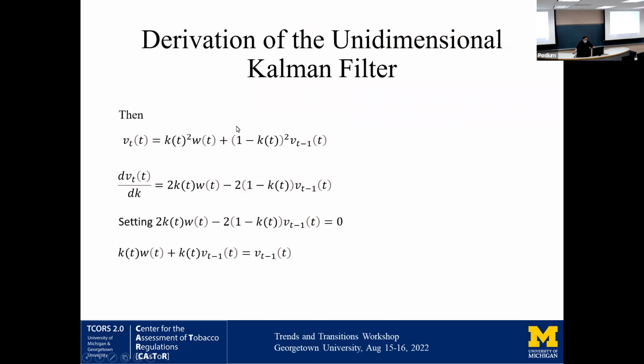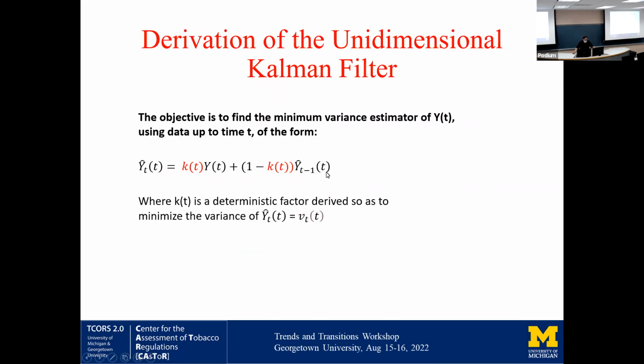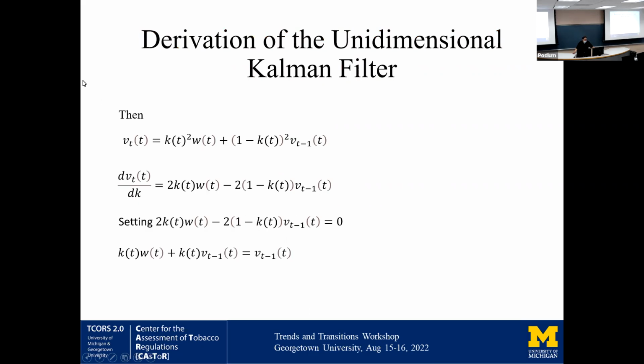What I've done here is, if I want to minimize the variance of this, then this is the filter that produces it. So I'm going to simply derive that variance, and try to minimize it as a function of k.